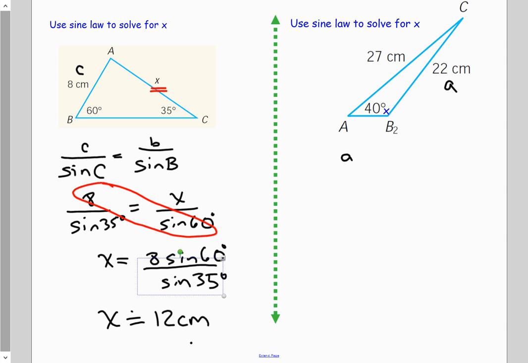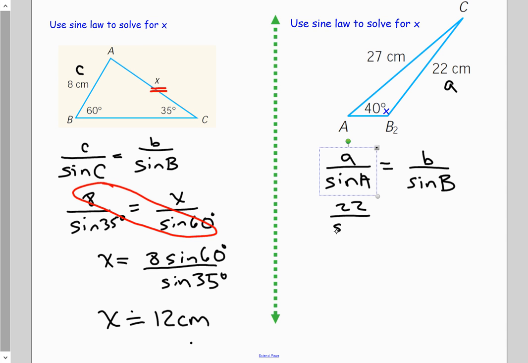So we want a over sine A, that's the complete pair given, equals b over sine B, because we're looking for angle B, and then we will fill in the numbers. 22 over sine of 40 equals side b, which is over here, 27 over sine B.